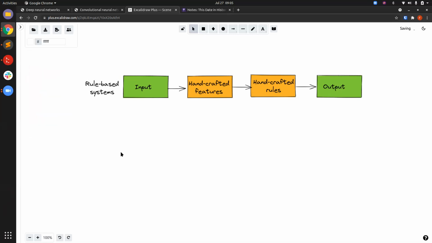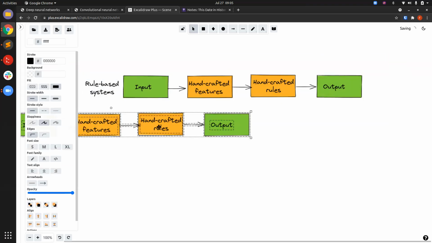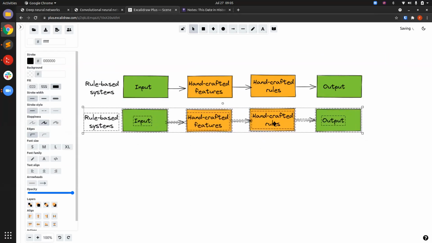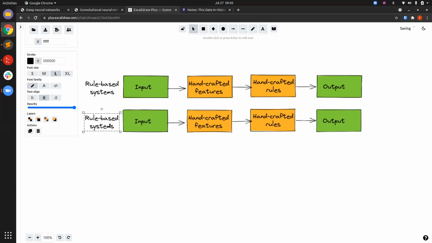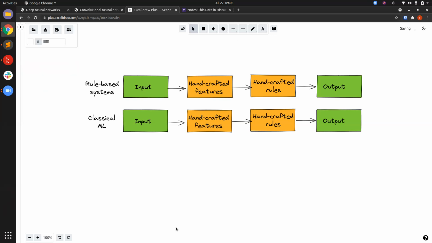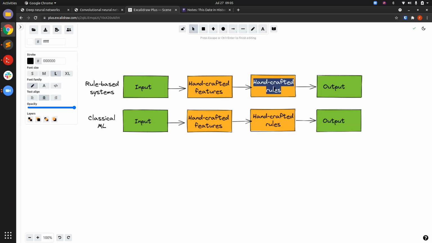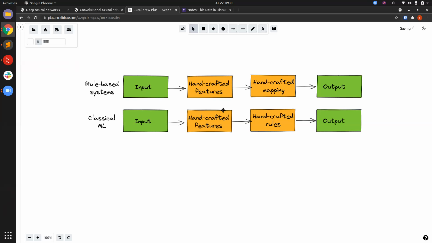Then we introduced some classical machine learning methods. With the classical machine learning methods, what part of this is now going to be learned instead of handcrafted? I'm going to rename this to a handcrafted mapping from features to output.